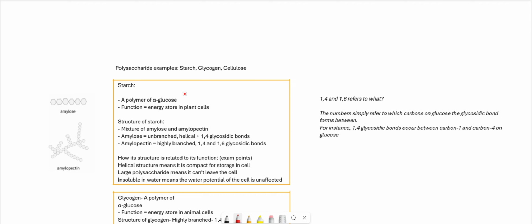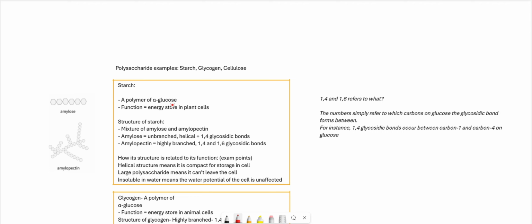So none of this is irrelevant or extra information. Starch is a polymer of alpha glucose, so it contains many monomers of alpha glucose. The function of starch is that it acts as an energy store in plant cells.